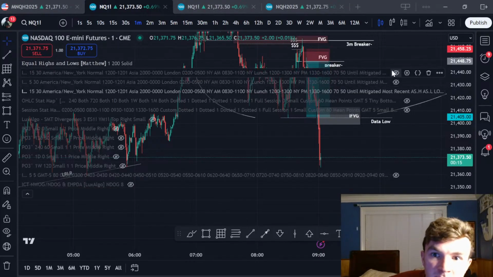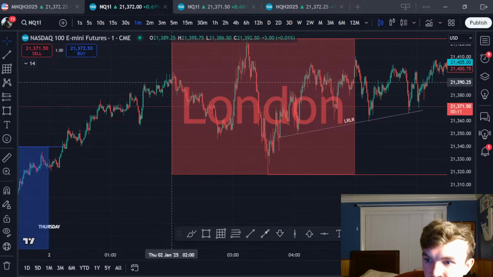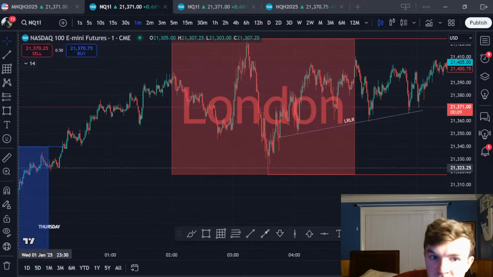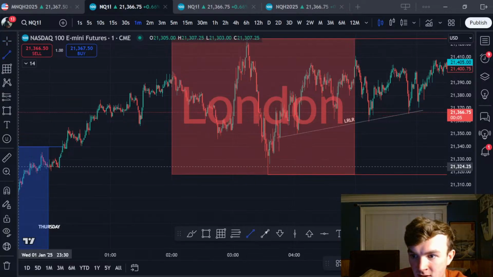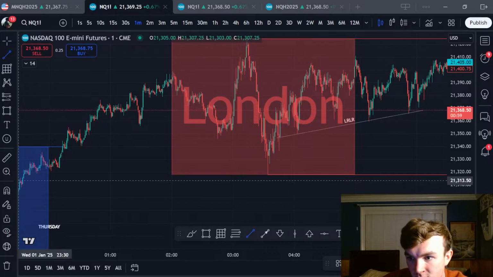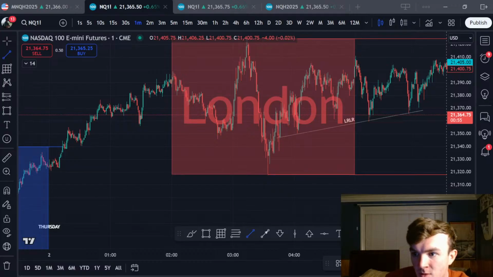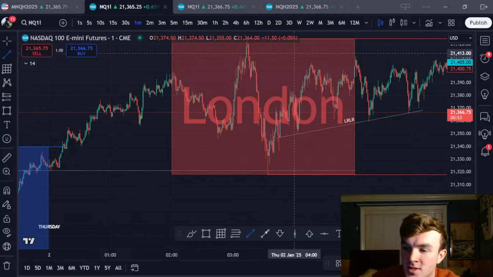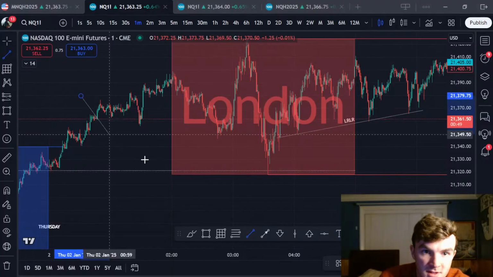London was sponsored by a key level, this 1 hour order block. The market pushed into this 1 hour key level during London. Let me just draw it on my other screen and then have it copy over. So you would think that this would be New York continuation. I would think so because we pushed into this key level during London.